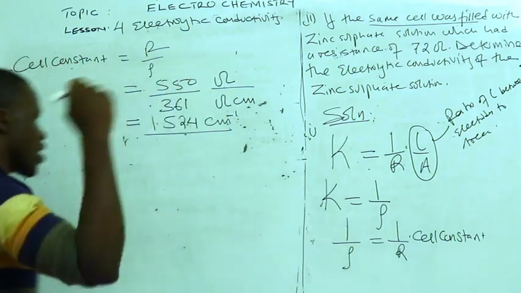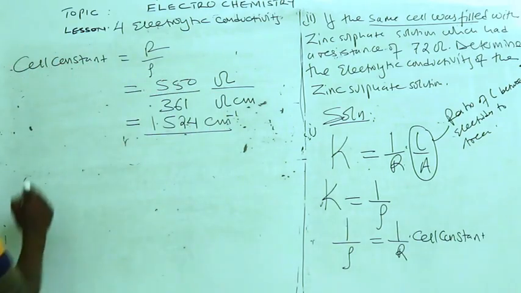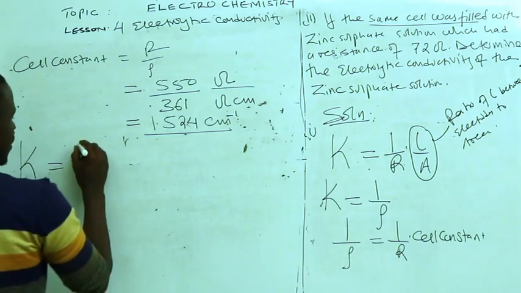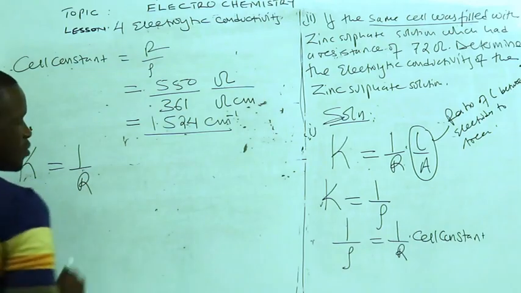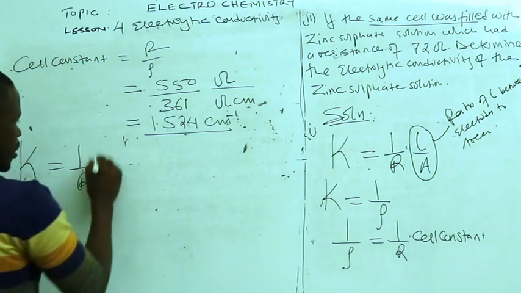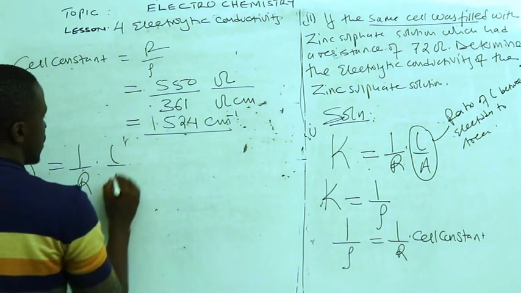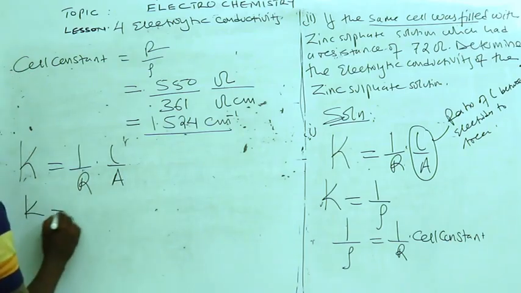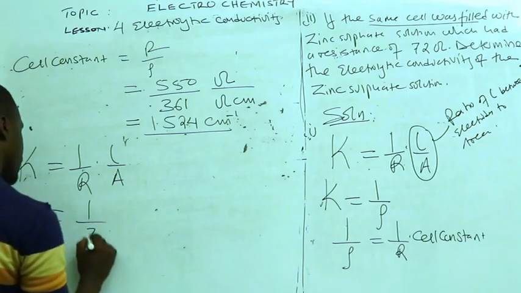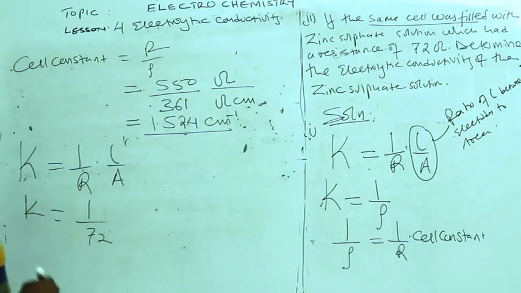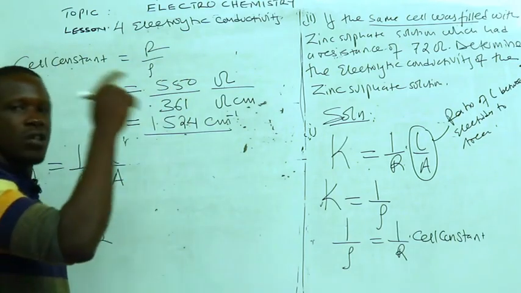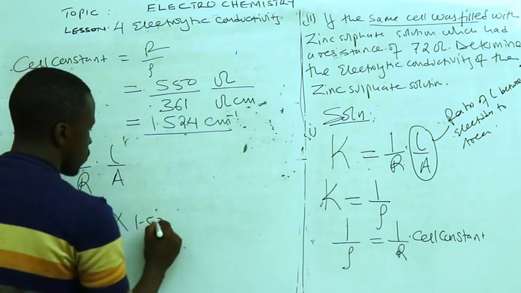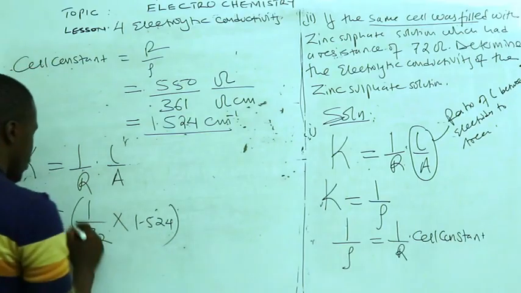So we can rewrite again the formula that electrolytic conductivity K is the conductance, which is 1 over R, times the cell constant L over A. And therefore K would be 1 over 72, which is our new resistance, because we have changed the electrolyte, times the cell constant 1.524 that we have just obtained.